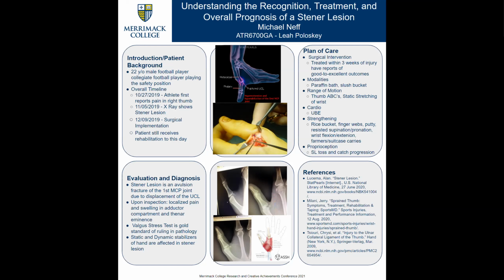When it comes to dynamic stabilizers, these are the muscles that surround the area. We have our extrinsic muscles, which are comprised of the extensor pollicis longus, extensor pollicis brevis, and flexor pollicis longus. And we have our intrinsic muscles, specifically the abductor pollicis brevis, flexor pollicis brevis, and the adductor pollicis.